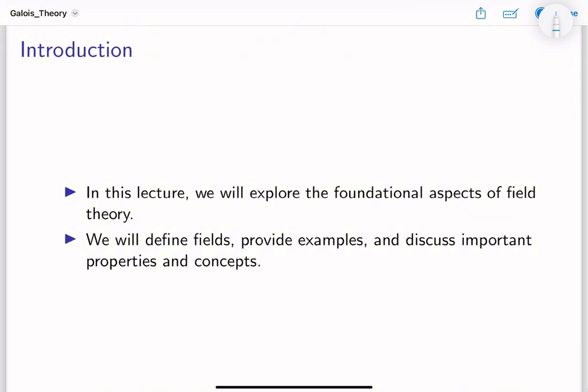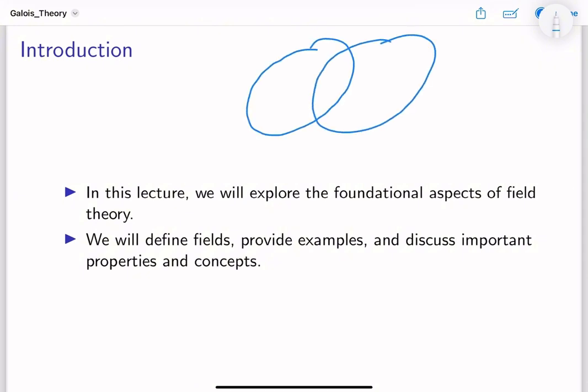Before we begin our first lecture on a review of field theory, let me just give you a rough idea of what's going on in Galois theory. Broadly speaking, Galois theory is the intersection of field theory and group theory.